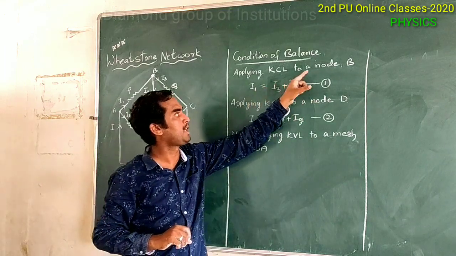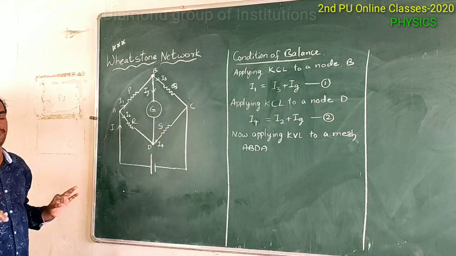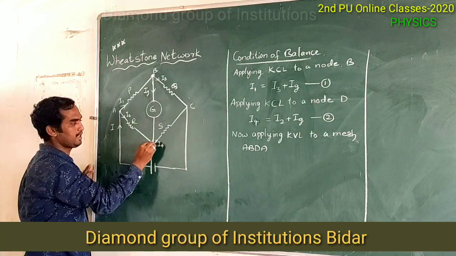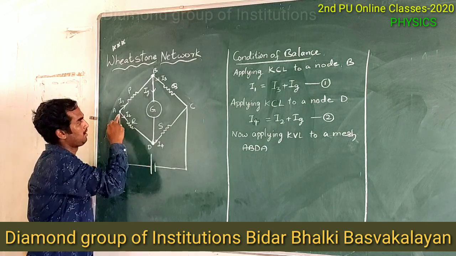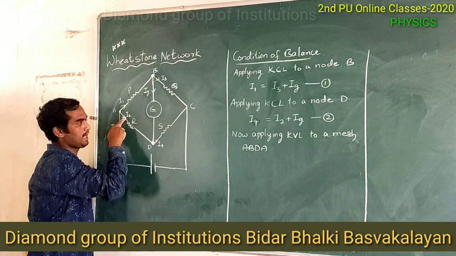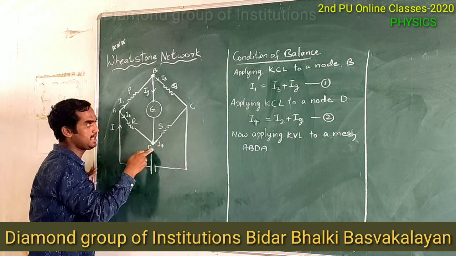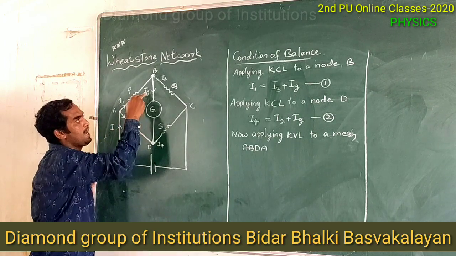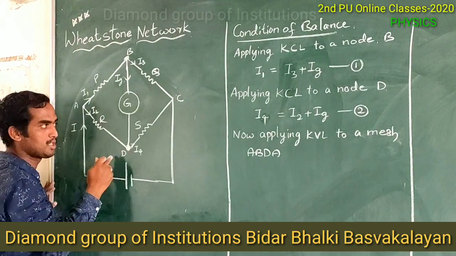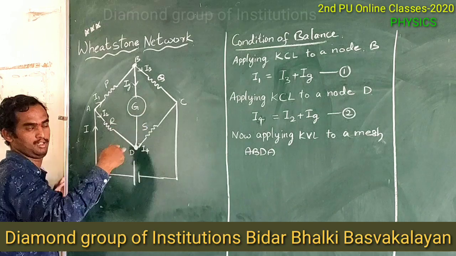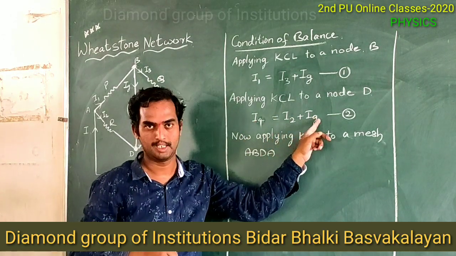This is applied at node B. Similarly, the same Kirchhoff's first law we are applying at node D. At D, I2 is the current which is moving towards node D. Similarly, IG is also approaching towards D, whereas I4 is going away from D. So I4 equal to I2 plus IG.